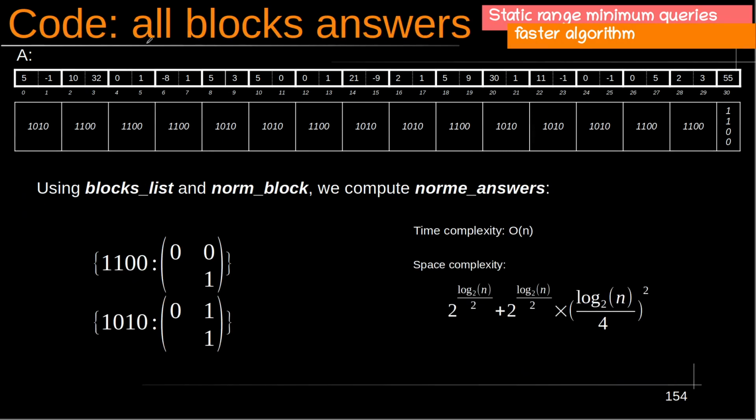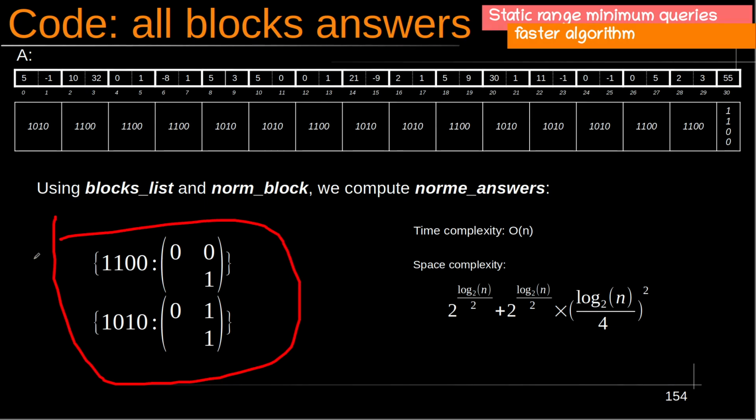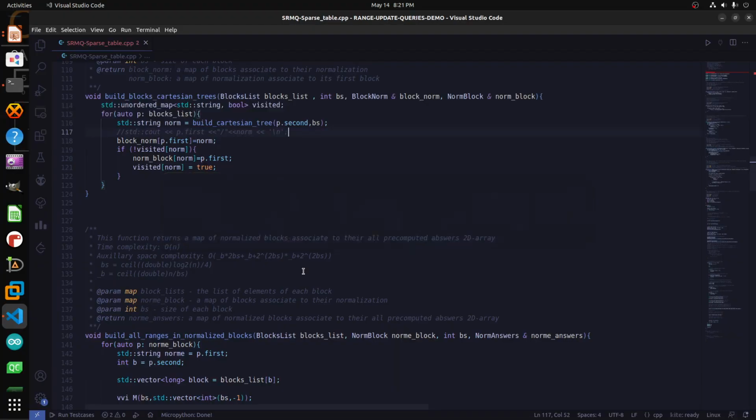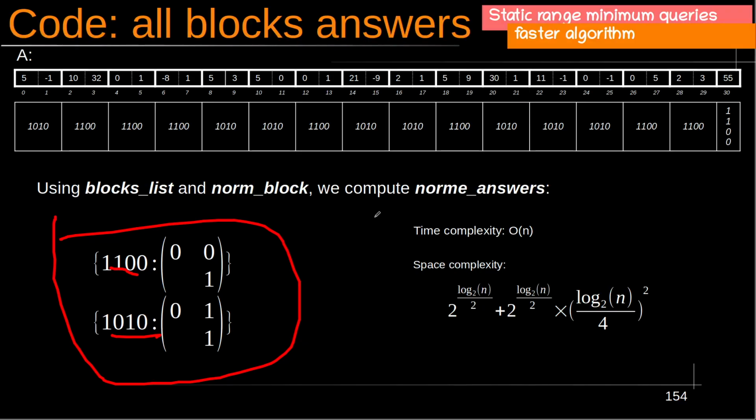Then we have to build all the answers for each type of block here. Like for this example, we have just these 2 types of blocks. So in the worst case, the time complexity is linear, as we have proved in the previous part.